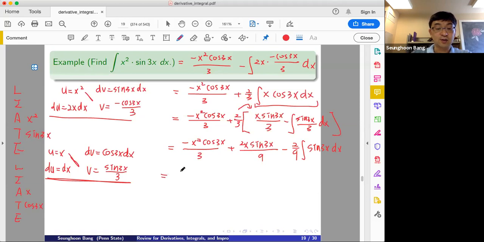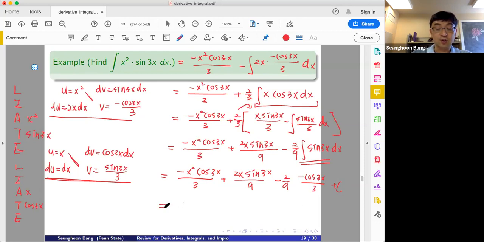So what's the answer? Negative x squared cosine 3x over 3 plus 2x sine 3x over 9 minus 2 over 9 times the integral of sine 3x. The integral of sine 3x is negative cosine 3x over 3 plus c.